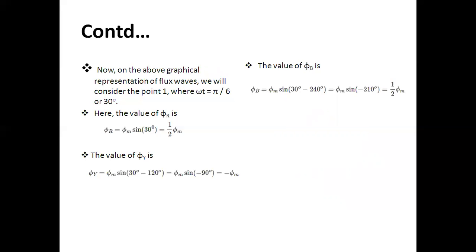The value of phi y becomes phi m sine of (30 degree minus 120 degree), that is phi m sine of minus 90 degree, that is minus phi m. And the value of phi b becomes phi m sine of (30 degree minus 240 degree), that is phi m sine of minus 210 degree, and it will become half of phi m when omega t equal to 30 degree.